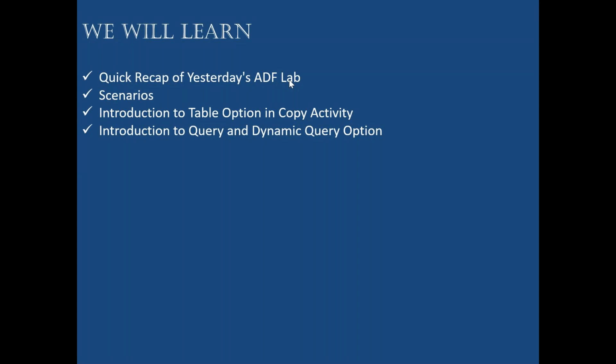Tomorrow you want Bangalore records. Next you want Mumbai records. So like that, state-wise or country-wise records if you want, instead of hard coding that city name, you can pass that city name dynamically to the query. So that's why we will also understand dynamic query option, how we can use within the copy activity in ADF.